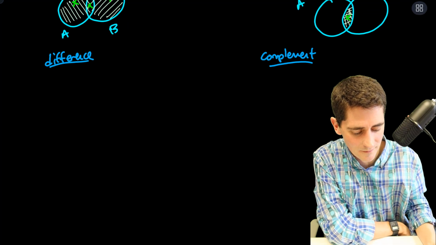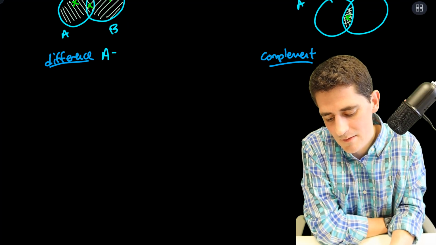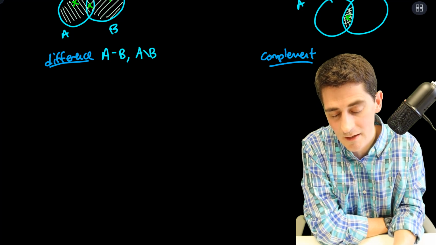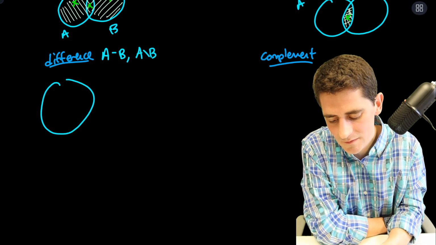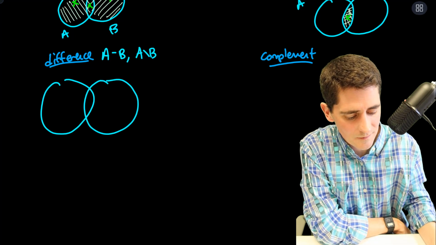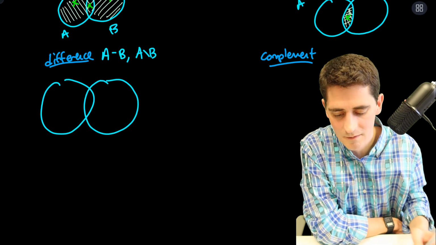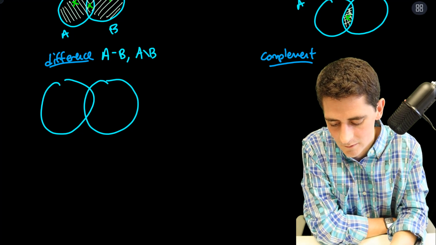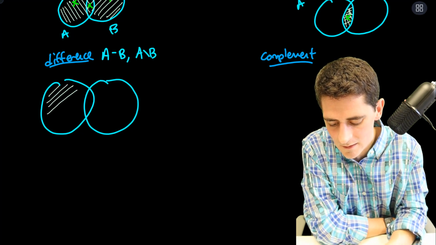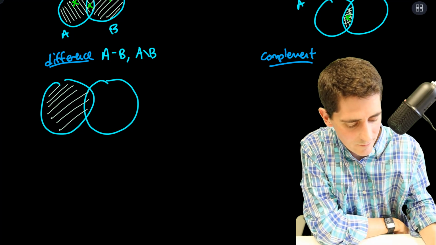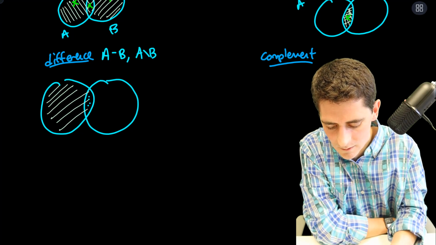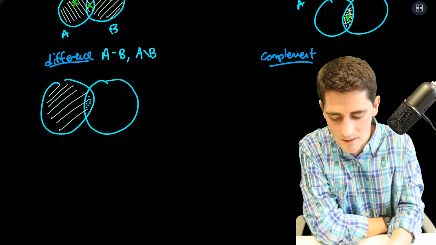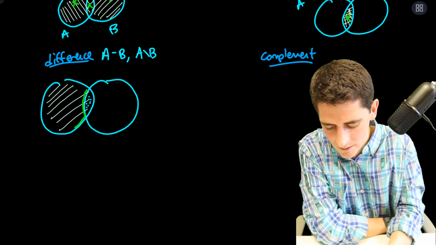Okay, so how about difference? I might write this like A minus B, depending on your book. Some books write it like A, a backslash, B. They mean the same thing. And so we mean the set difference. What we mean is the things that are in A, but not in B. So these are the things in A here, but this little tiny part in the middle is also in B. So when I want A subtract B, I actually want that part cut off.